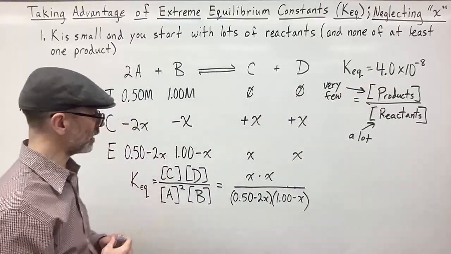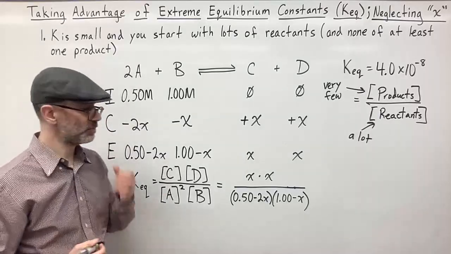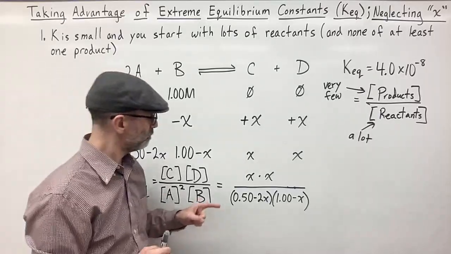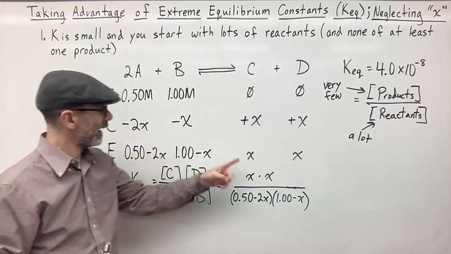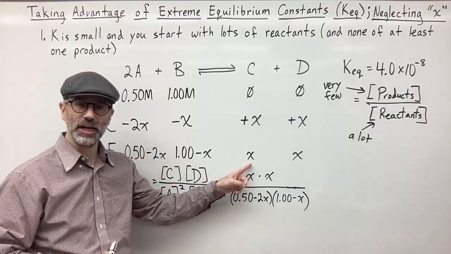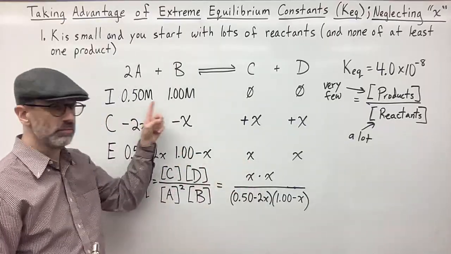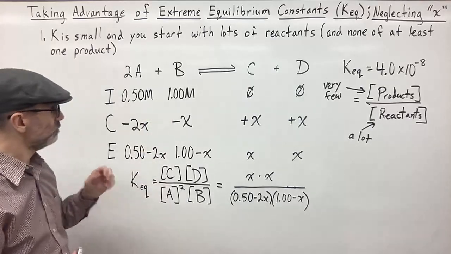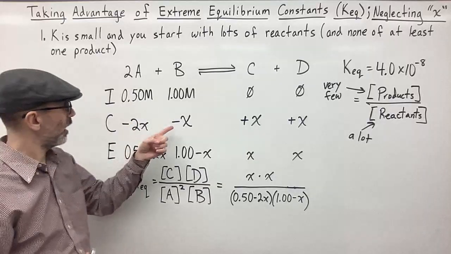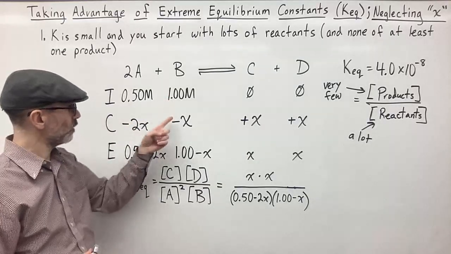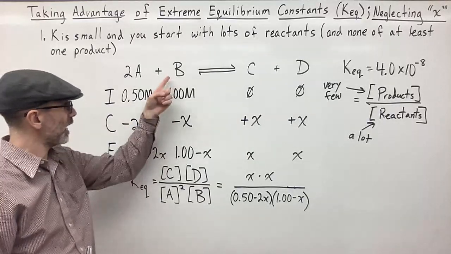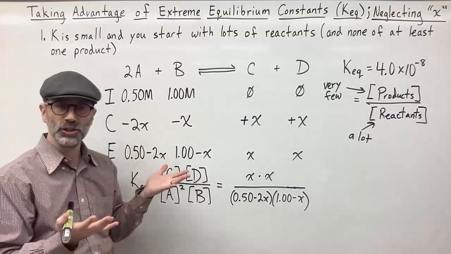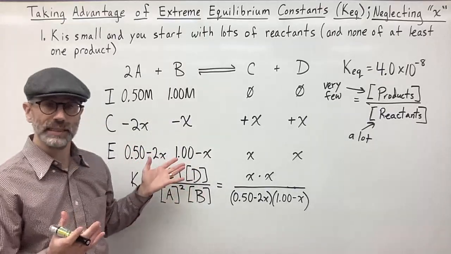So what does that mean? Let me put it in these terms. We have to compare the X value that we have here with the original concentrations. So if we look at X with regard to the concentration, we want to know how small this is.